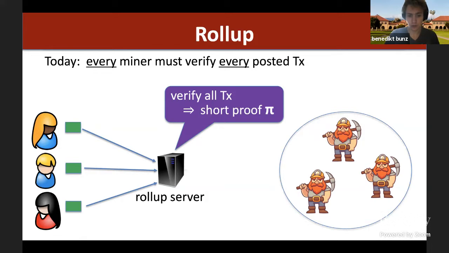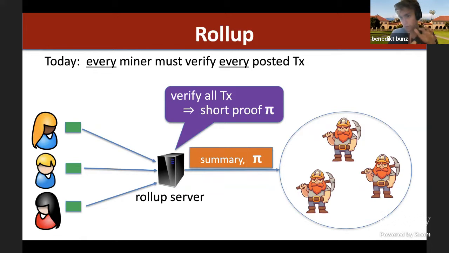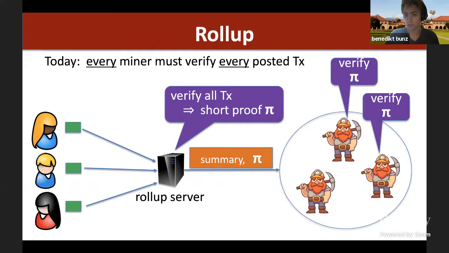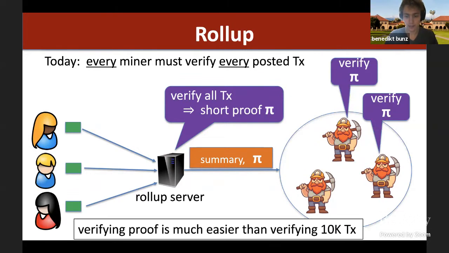Then the Rollup server sends a summary of the transactions and the short proof to the miners, and the miners just verify this proof. It turns out that verifying the proof is significantly more efficient than verifying, say, tens of thousands of transactions.